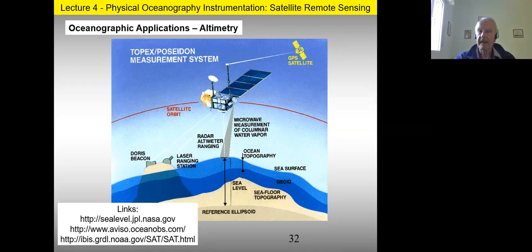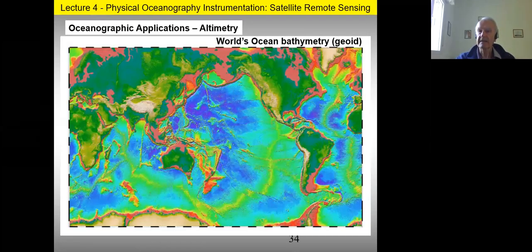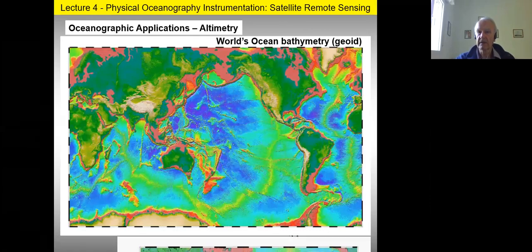for studies. And here is what I showed you before: how the seafloor impacts the sea surface pattern, so that by studying the sea surface pattern with altimetry, we can study the seafloor structure. Here is the altimetry I already showed to you.